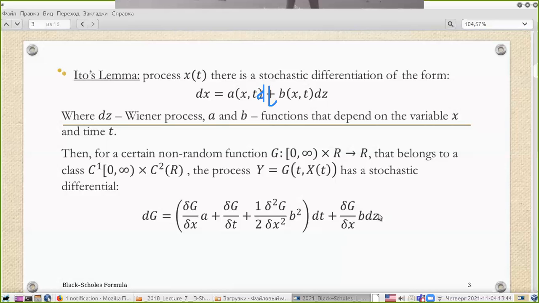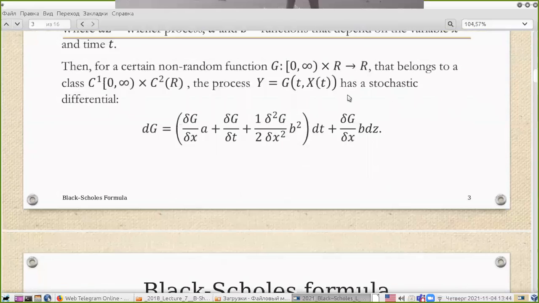In the previous lecture we did this, and I explained it in more detail. So let's move on.